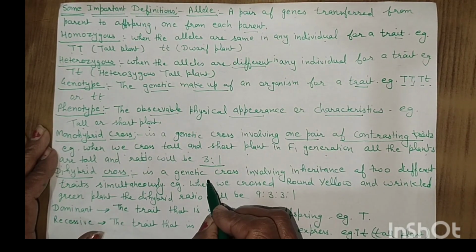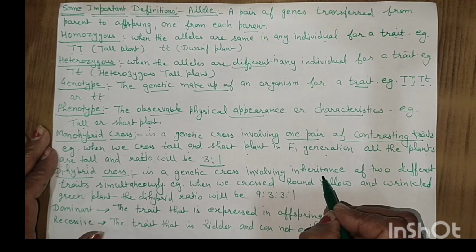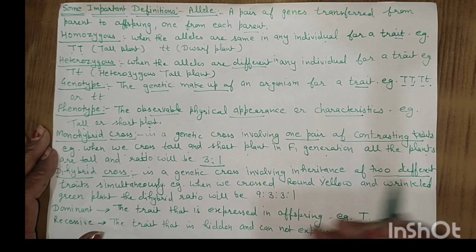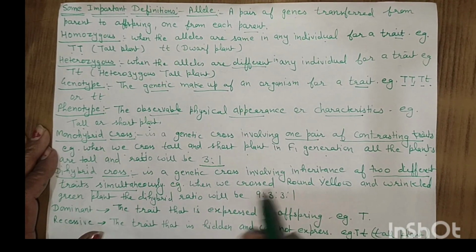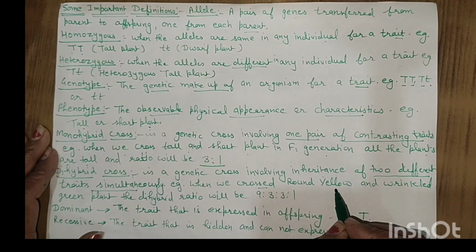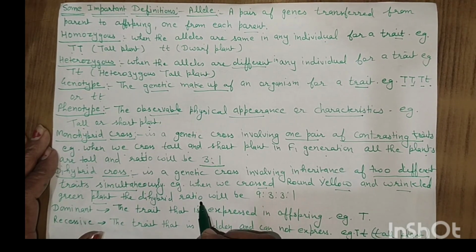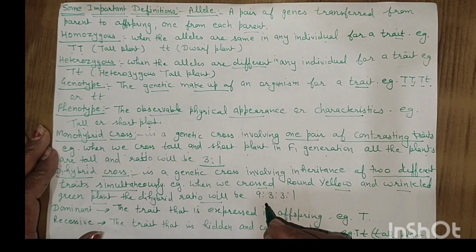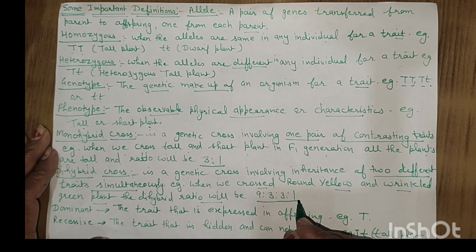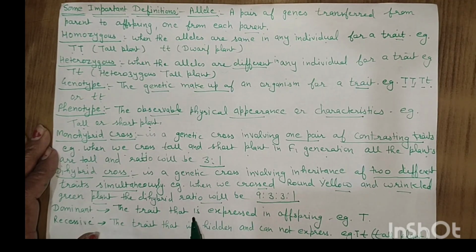Dihybrid cross. It is a genetic cross involving inheritance of two different traits simultaneously. When we cross round yellow and wrinkled green plants, the dihybrid ratio in the F2 generation will be 9:3:3:1.